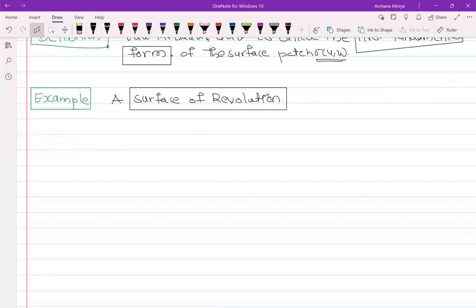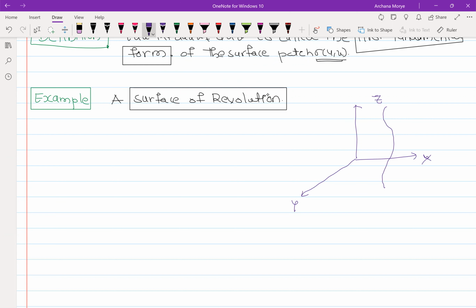For these surfaces, we have our z-axis, right? And then we have x and y. So let me write these as x, y, and z. We take one curve which is inside the xz plane.